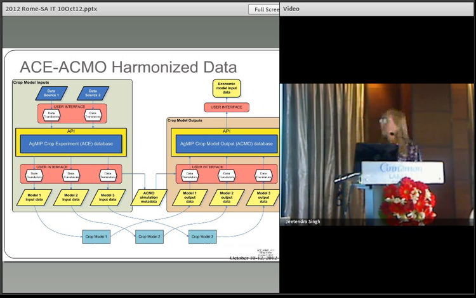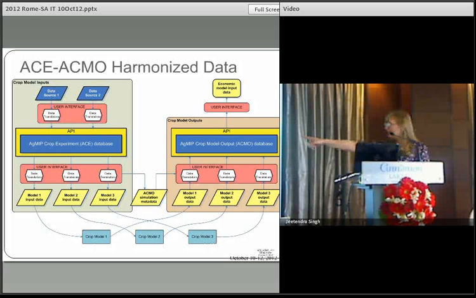So what we do is we take the raw data, read it in to the user interface, run it through some data translation tools, and store it in our database. Once it's in the database, it can be searched and queried, and we can select whatever data we want to run through the models, run it through data translation tools again.